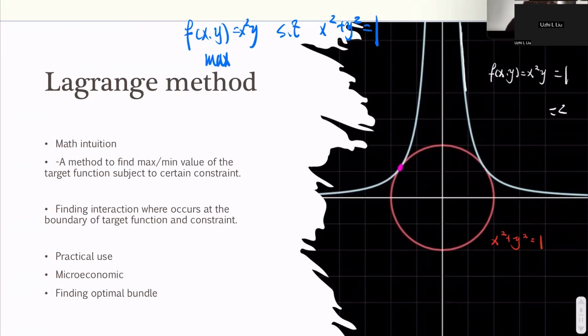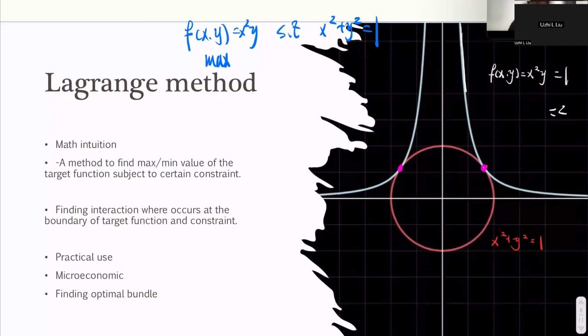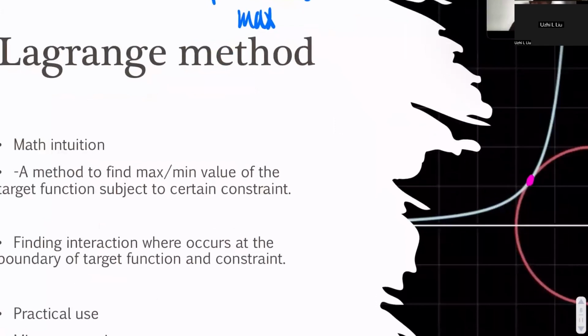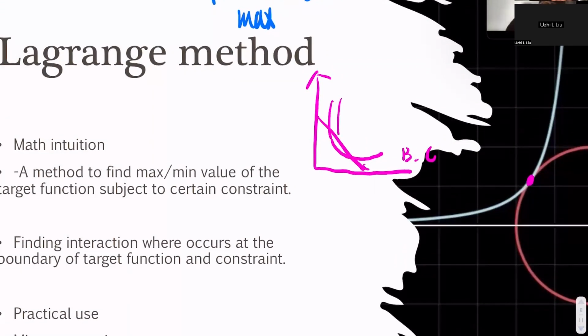So we're basically finding the lines like, for example, this is our budget constraint, and this can be our utility function, which is more like economic terms. So we are finding the point where we can maximize our function, but also within our constraint.